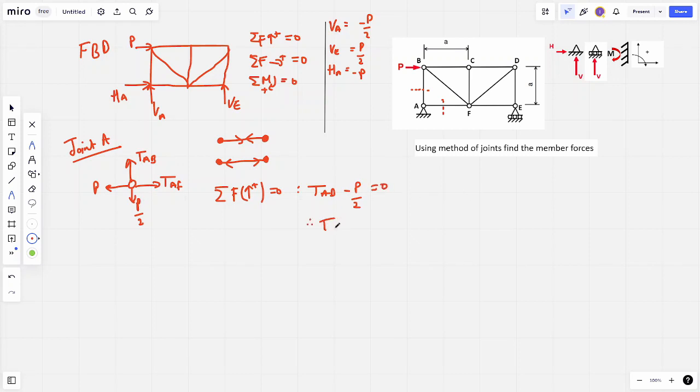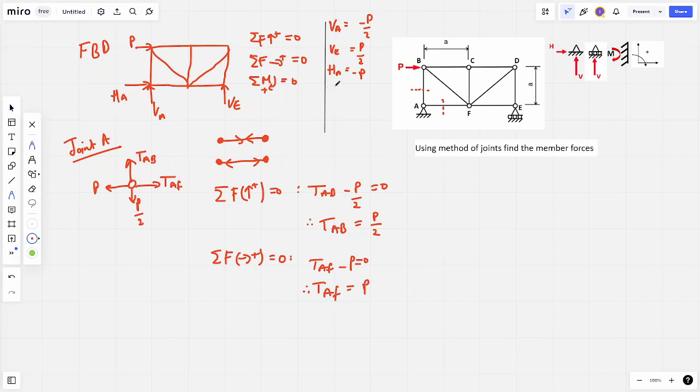Therefore, TAB is equal to P over 2. Now the summation of forces going to the right is equal to 0. Therefore, TAF minus P is equal to 0. Therefore, TAF is equal to positive P. So that's what we've got.